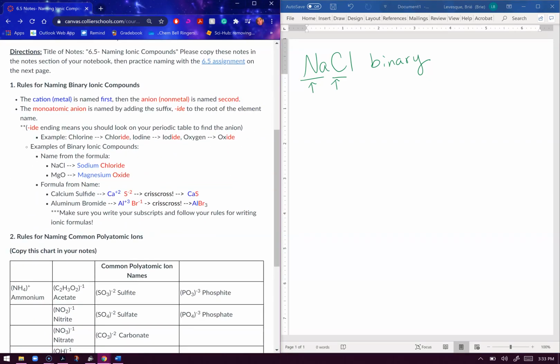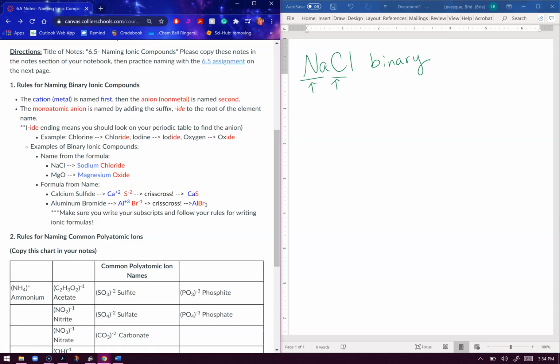Rule number 1 is specifically for our binary compounds, anything that only has two capital letters or two elements in the formula. So the cation, or the metal, is always named first. The anion, or the nonmetal, is named second. Our cation keeps its name.